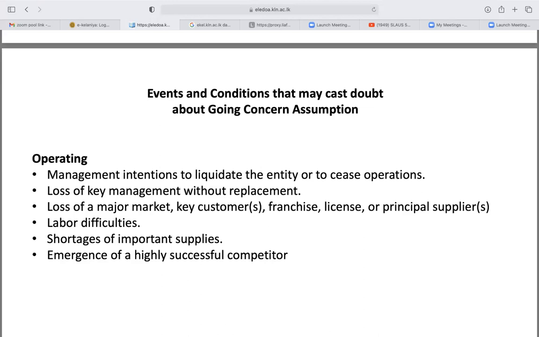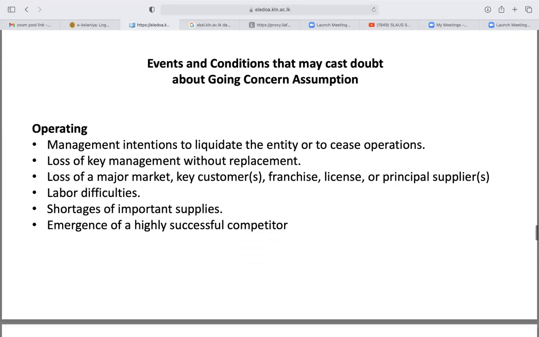Cargills and other things will withdraw, right? I'm not sure about it, but Walmart is the world's largest company. So if a highly successful competitor comes up, then a business will have doubt in going concern, right?